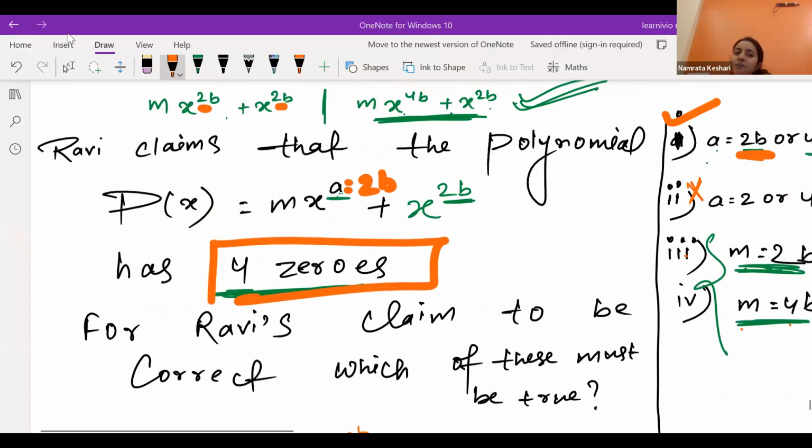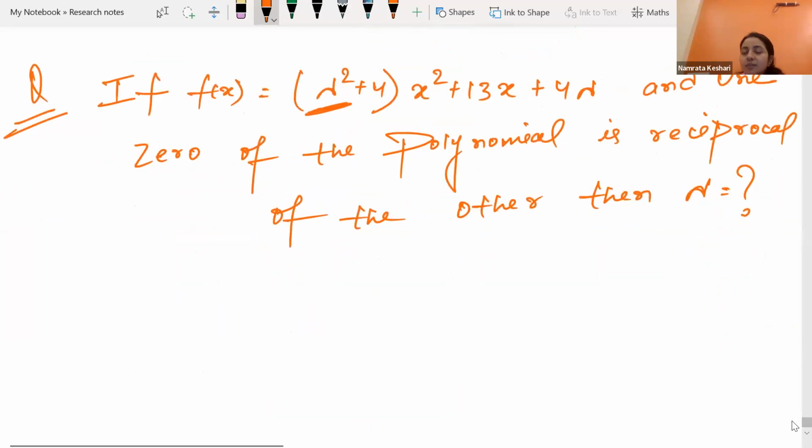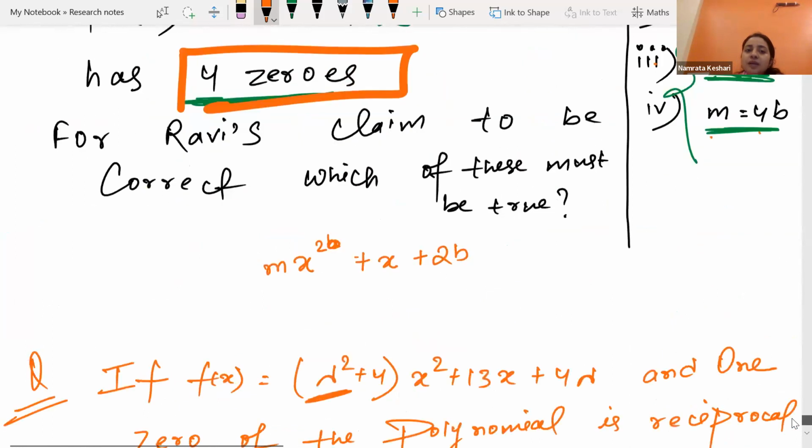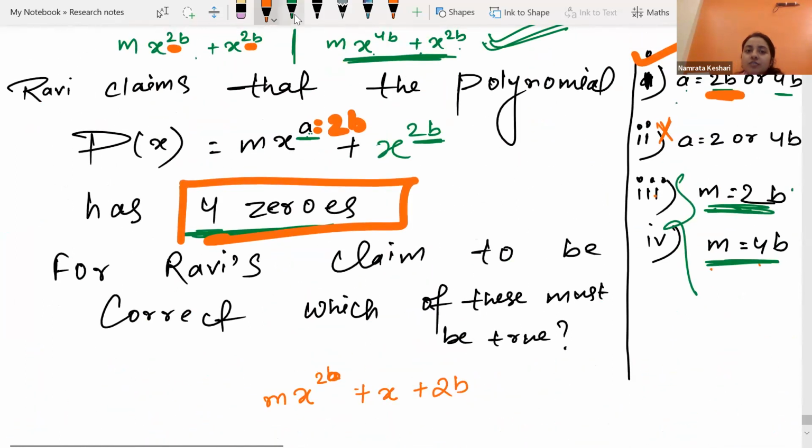And one more thing, please focus over here. Here it is given that this type of question, I was about to say that it will not come in exam, and then I noticed that in the question it is given that it has 4b zeros. Okay, it has 4b zeros.